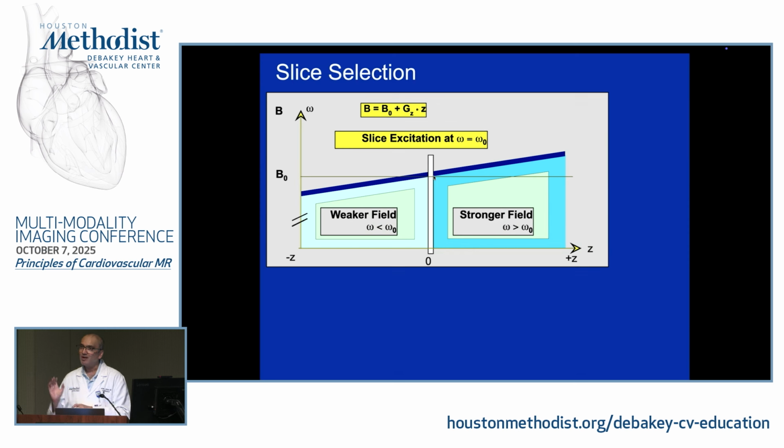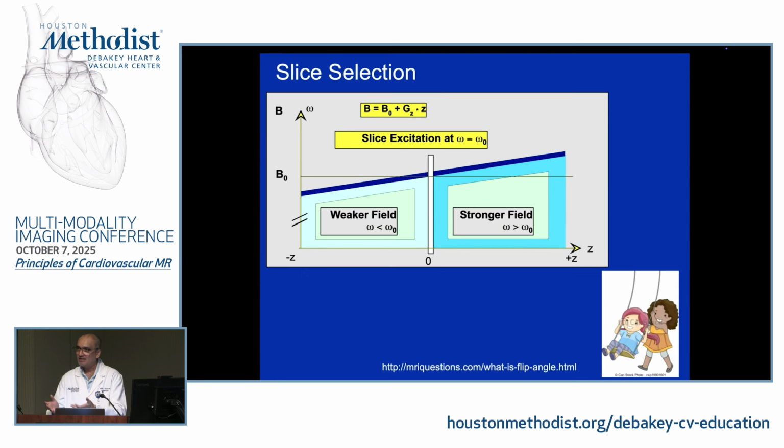And if I then send a radio frequency wave that corresponds exactly to 64 megahertz, then only the protons within the slice will get excited. So only those protons will absorb the radio frequency wave. The protons up in the head, the protons down in the feet won't absorb that radio frequency wave. And that's what's called sending in a slice selective pulse to select the slice that I'm interested in imaging.